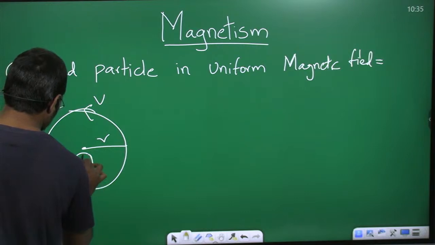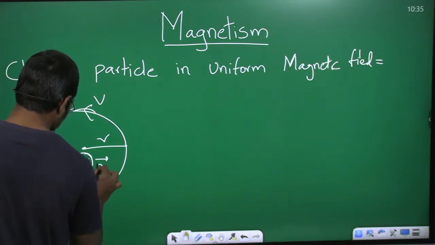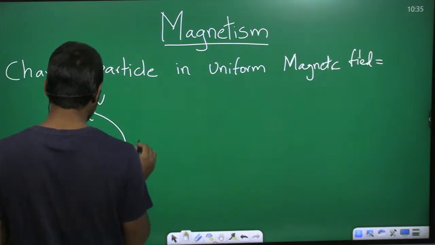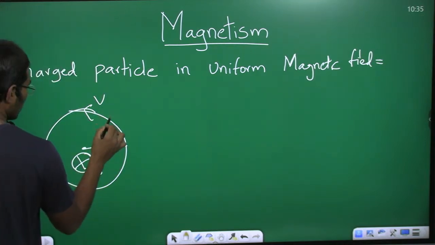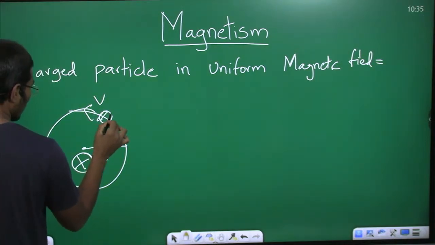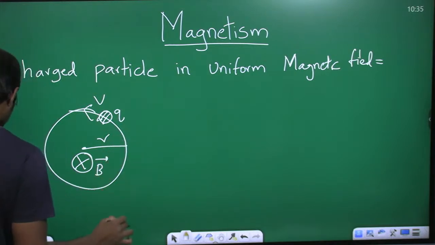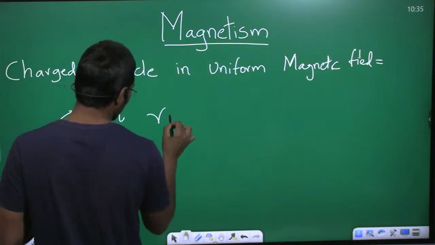Magnetic field B bar. Let us consider a particle Q moving in a circle of radius R. Try to write the equation for R.